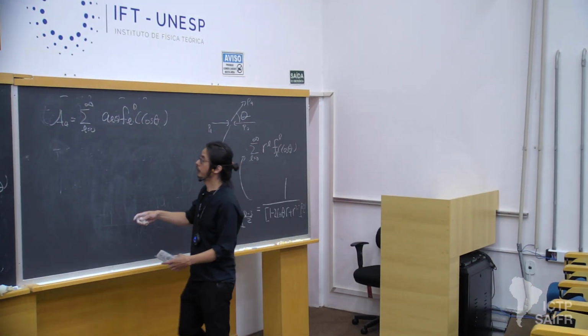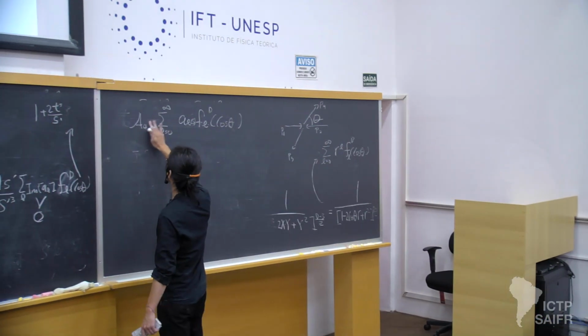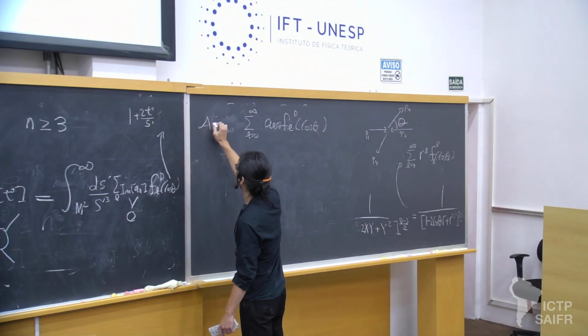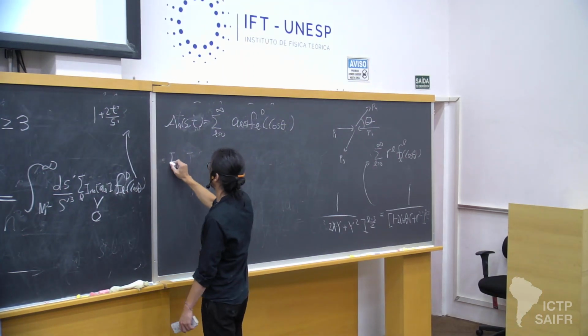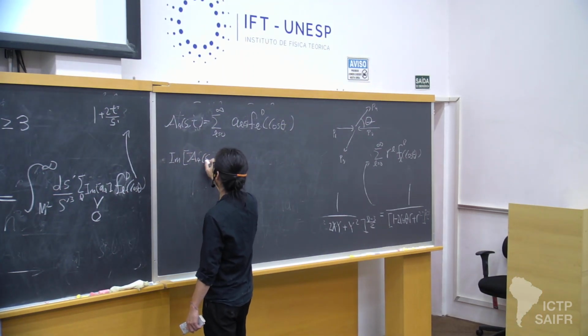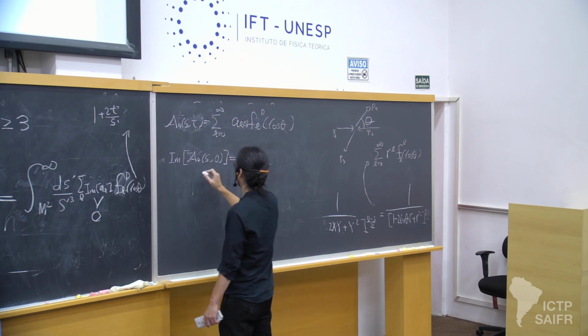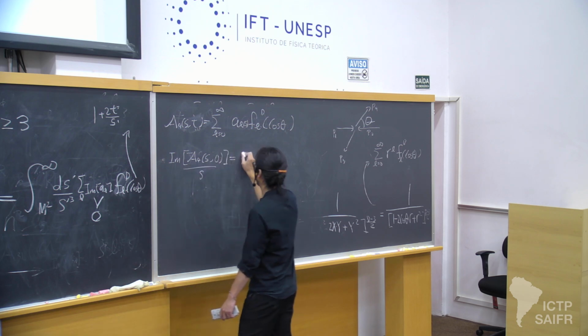And that just follows from the fact that, if I have a partial wave expansion that looks like this, the optical theorem tells you that the imaginary part divided by s is going to be equal to the cross-section.